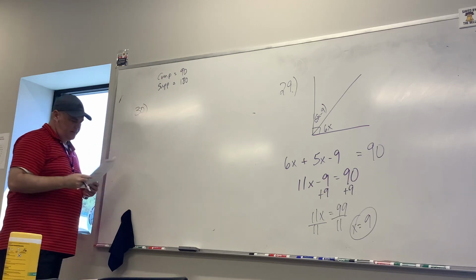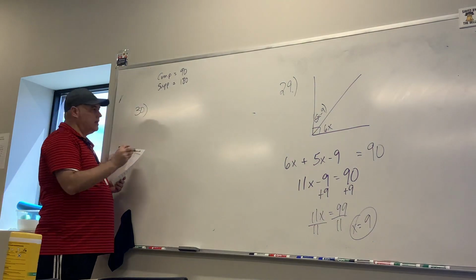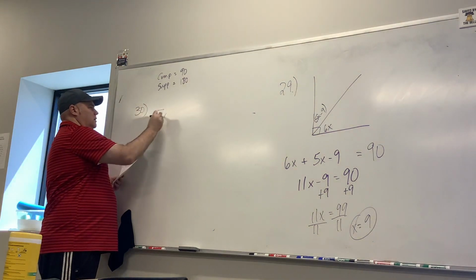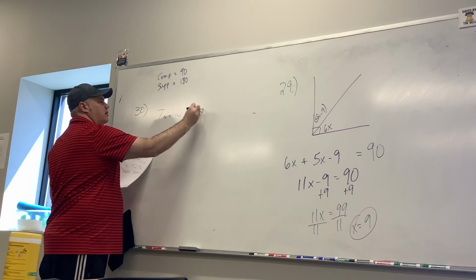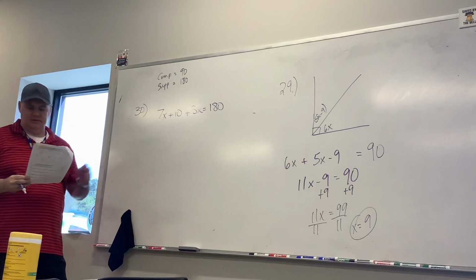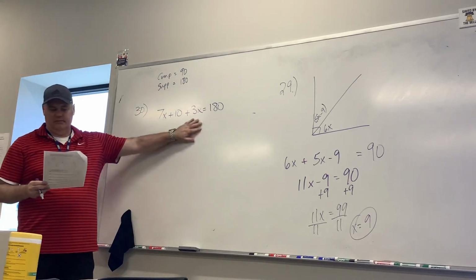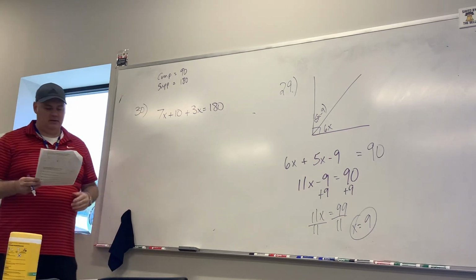Okay, number 30. This one's going to be supplementary, so they're going to add up to 180. So here's my equation. Now we know how to set that up. 7x plus 10 is one of the angles, 3x the other one. That's going to equal 180 because they're supplementary.